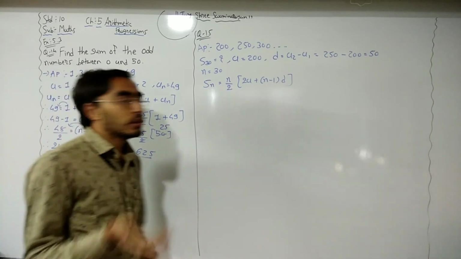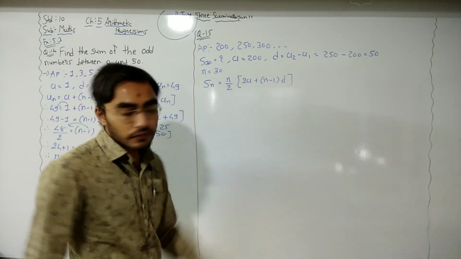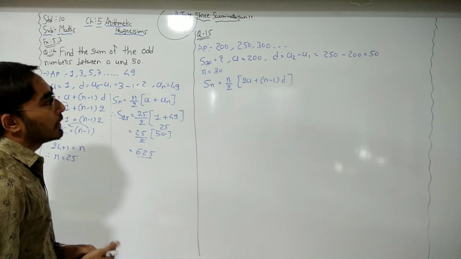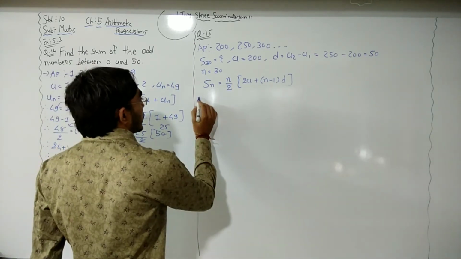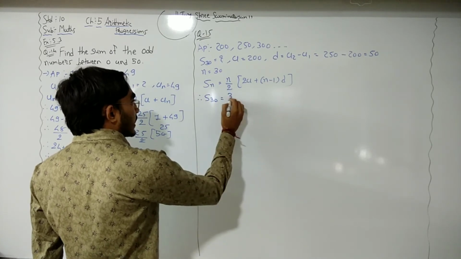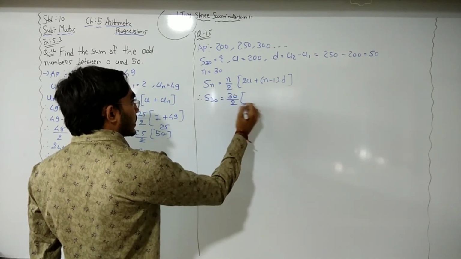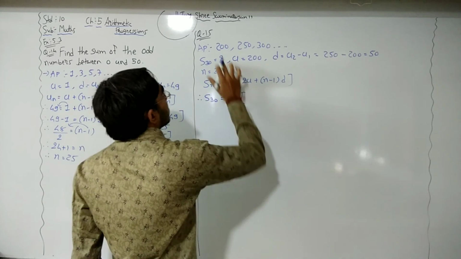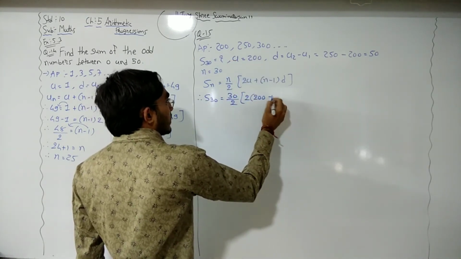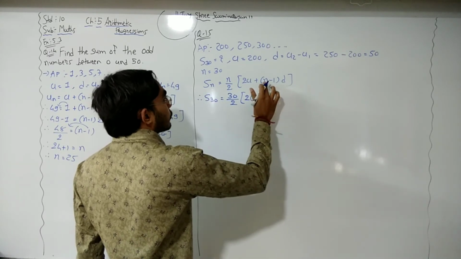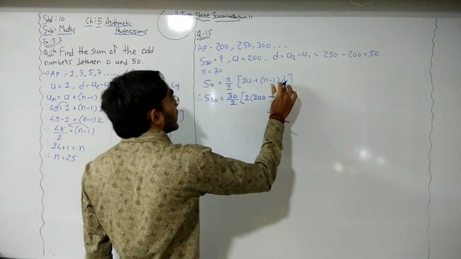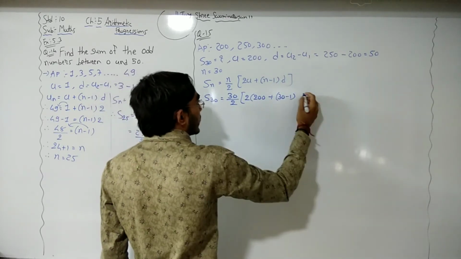Now put all the values. In place of n we write 30, so S30 equals 30 by 2, in bracket 2 multiply a, first term a is 200, plus (30 minus 1), and common difference d is 50.